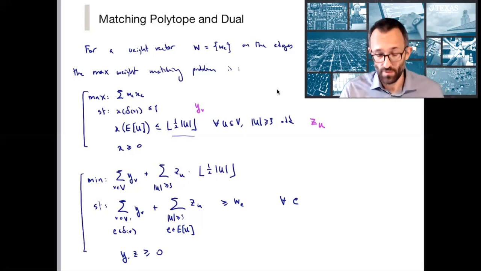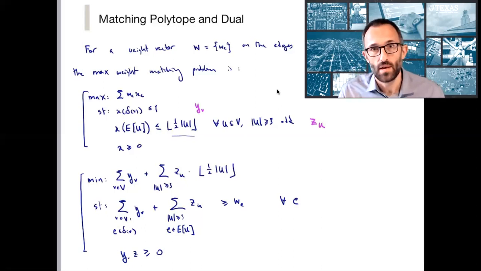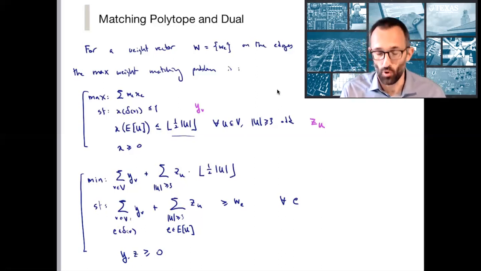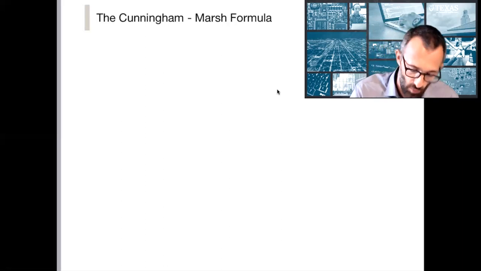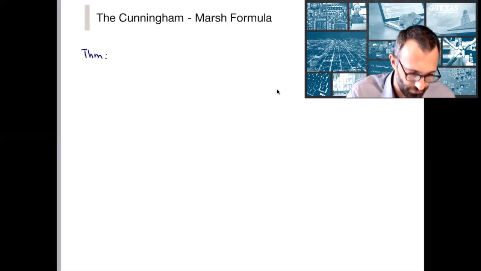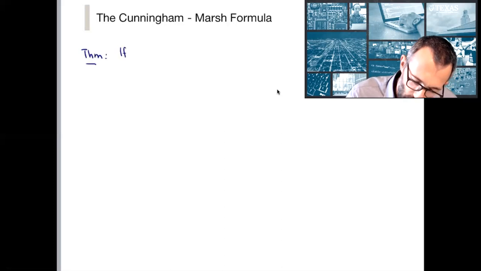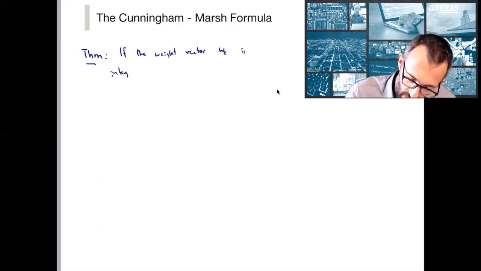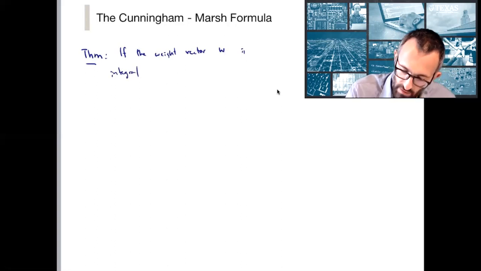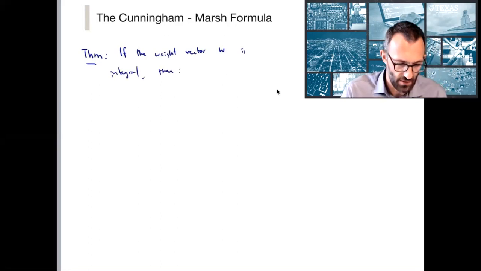And our goal is to show that the dual has an integral solution. In particular, the dual not only has an integral solution, but it has an integral solution with some additional structure on its support. And this is the content of what's called the Cunningham-Marsh formula, which I'll write here as a theorem that says the following: if the weight vector W is integral, then two things.